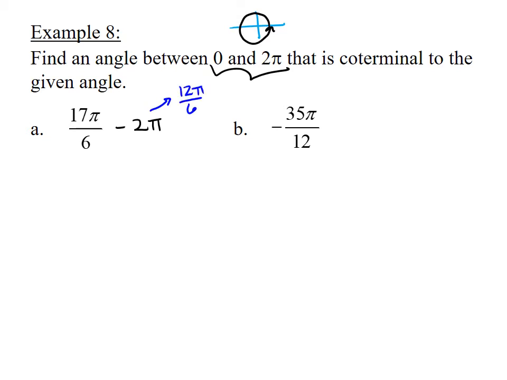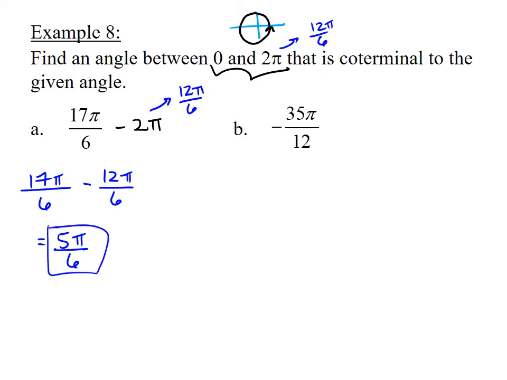I know that 12 pi divided by 6 is equivalent to 2 pi. So in this problem, I will take 17 pi over 6 minus 12 pi over 6. When I subtract, I get 5 pi over 6. Again, remember, 2 pi is 12 pi over 6. This value is less than that, so this would be a coterminal angle.